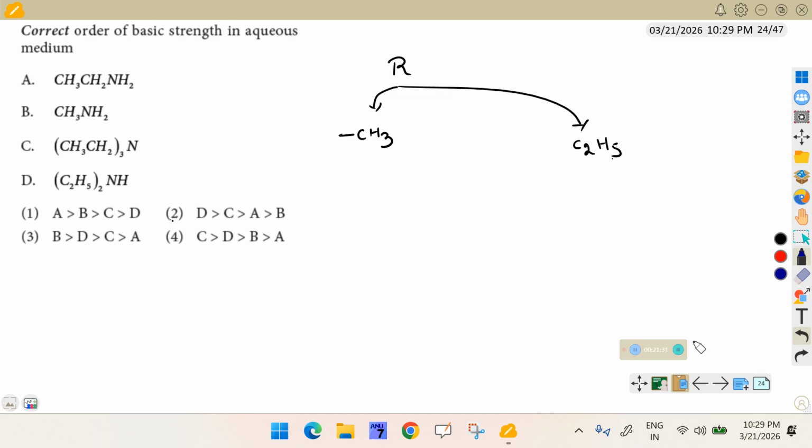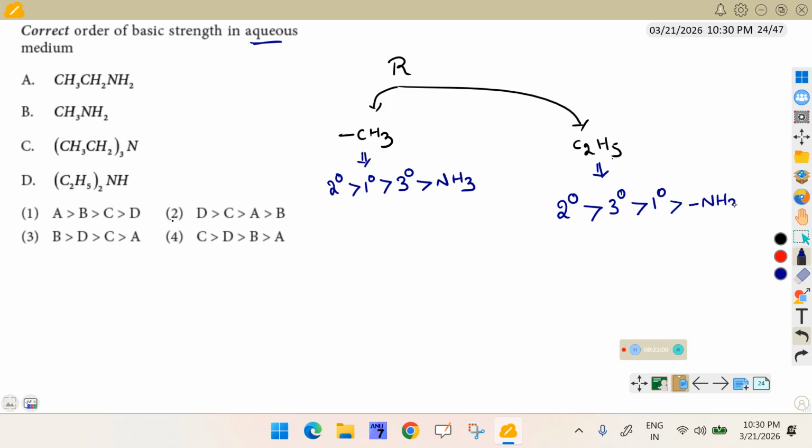Correct order of basic strength in aqueous medium. In aqueous medium, if the alkyl group is methyl, the order of basic nature is 2 degree greater than 1 degree greater than 3 degree greater than ammonia. If it is ethyl group, the order of basic nature is 2 degree greater than 3 degree greater than 1 degree. So first identify that ethyl group is present.